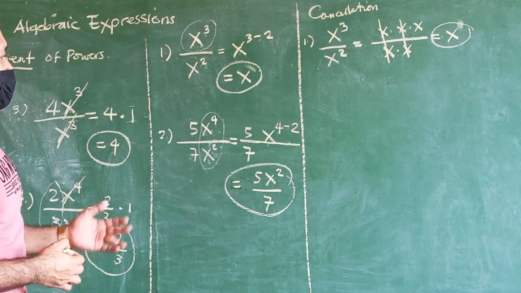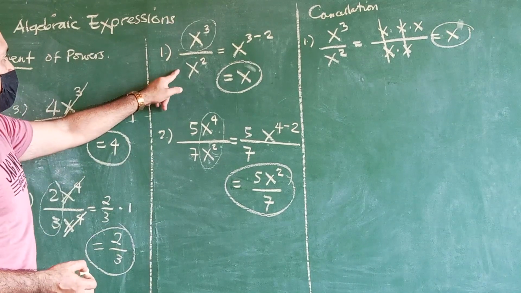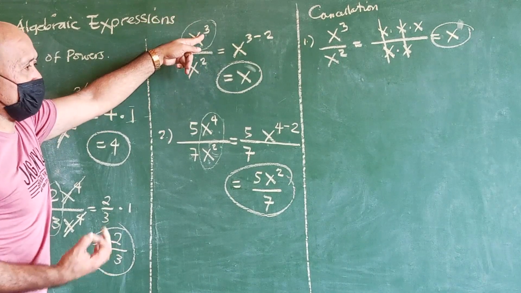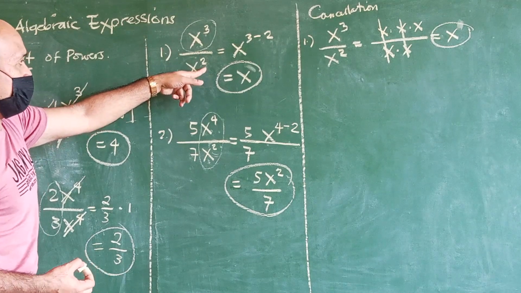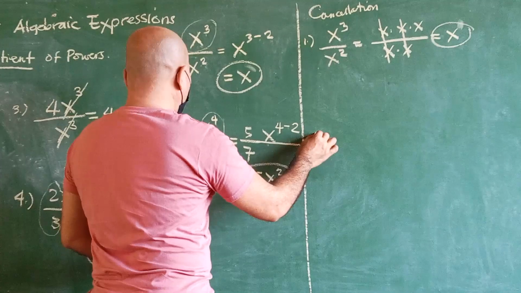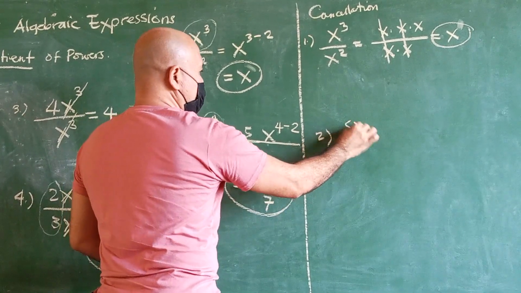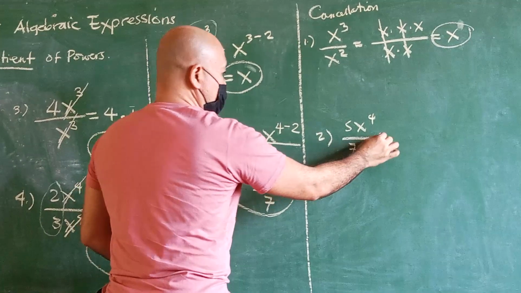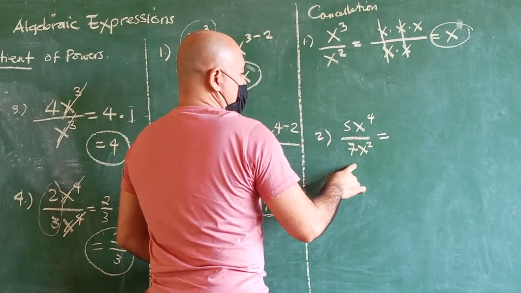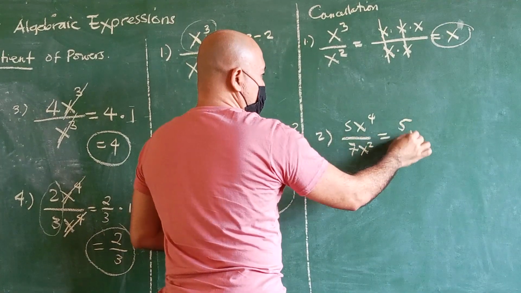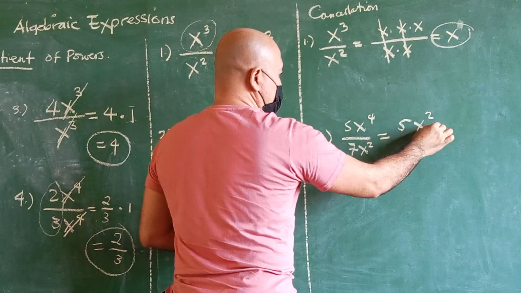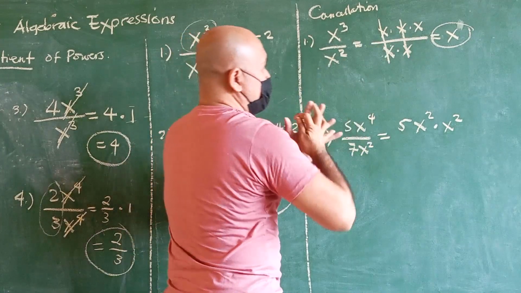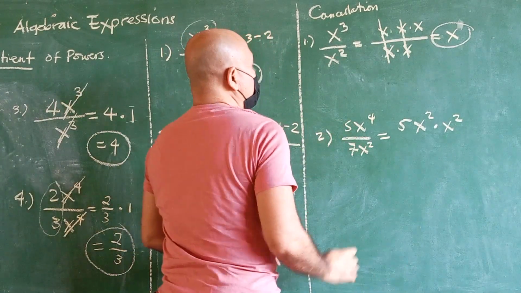So just remember how to apply this second scenario when you are dividing the same bases but the exponent of the numerator is bigger compared to the exponent in the denominator. Or if you are going to use the cancellation method, you have here 5x raised to the power of 4 over 7x raised to the power of 2, and you can break the variable into x squared times x squared, unlike in number 1 where we are expanding the expression.